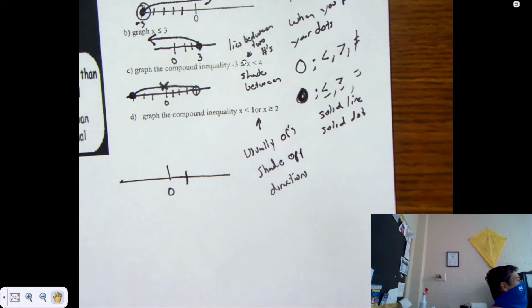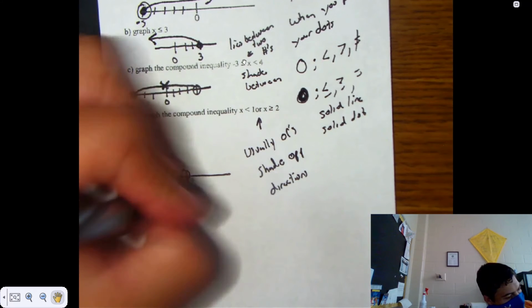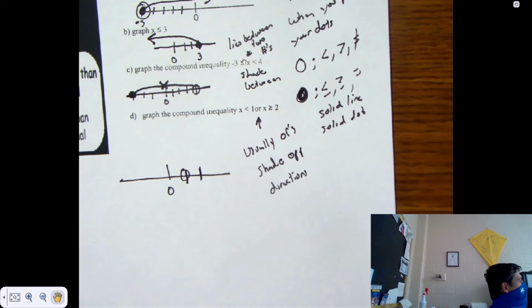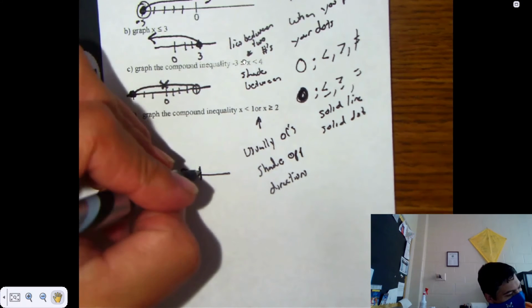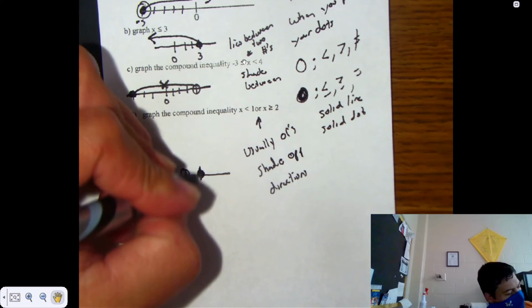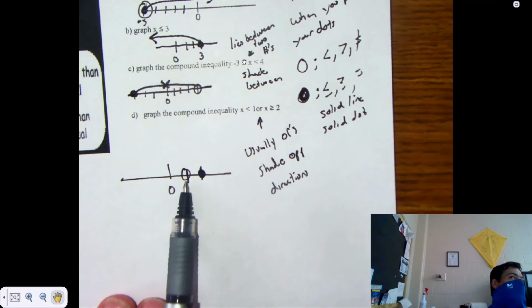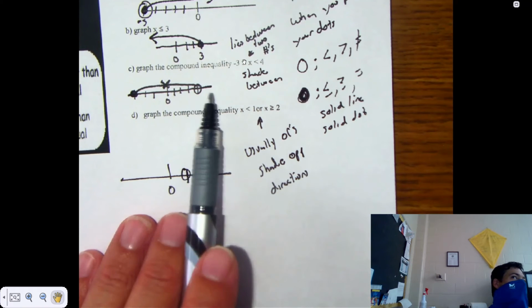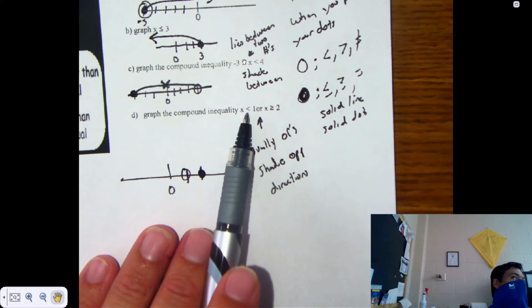What kind of dot at 1? Open. What kind of dot at 2? Closed. Mallory, how are you going to shade at this open dot? How's that? What is x's relationship to that one?